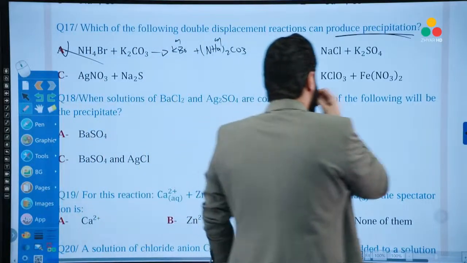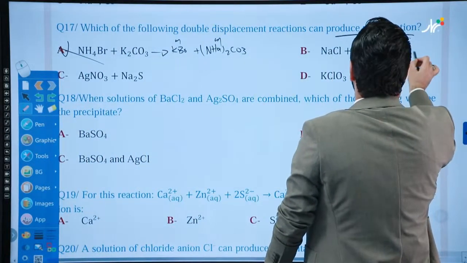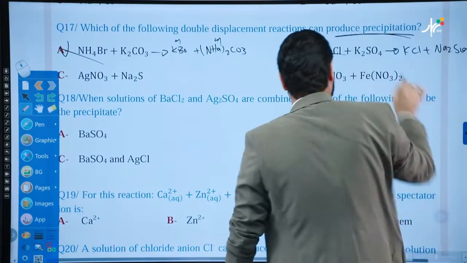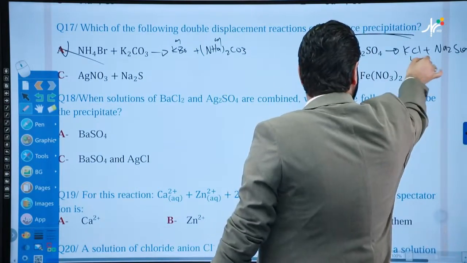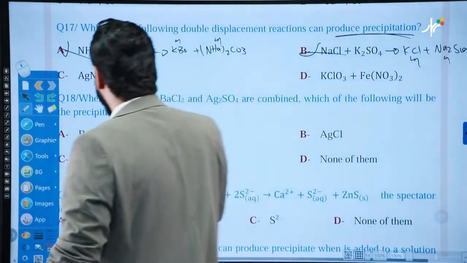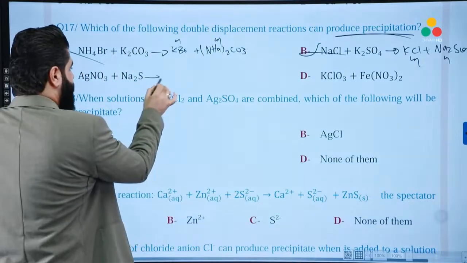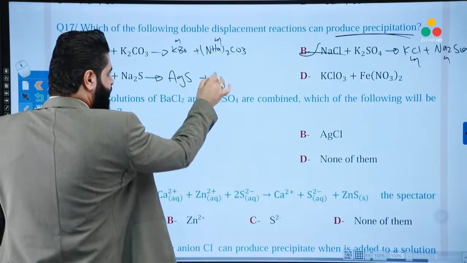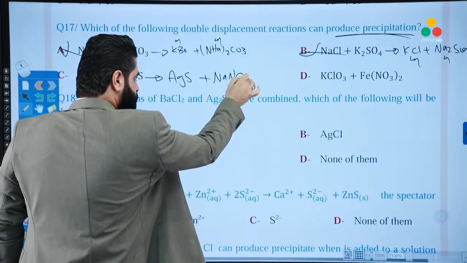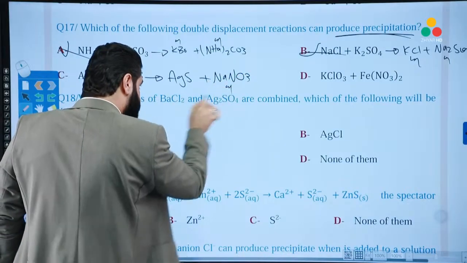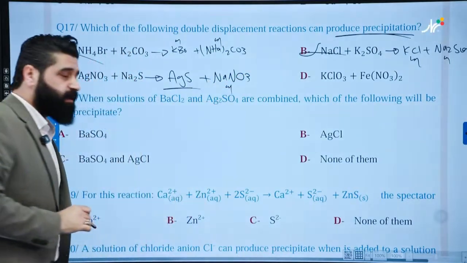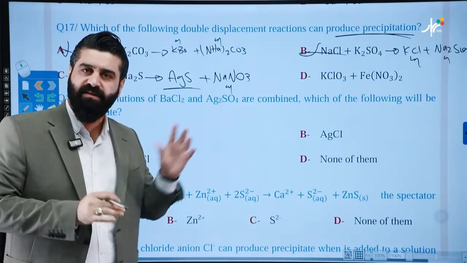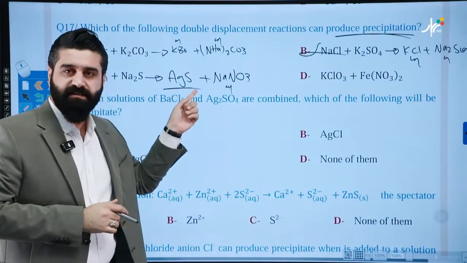This one, the products KCl plus Na2SO4. No, there's no precipitate because both are AQ. How about this one? Okay, the products are Ag2S plus NaNO3. AQ, how about this? Group 1A and ammonium sulfide compounds are aqueous, but this one is not a member of group 1A or ammonium.